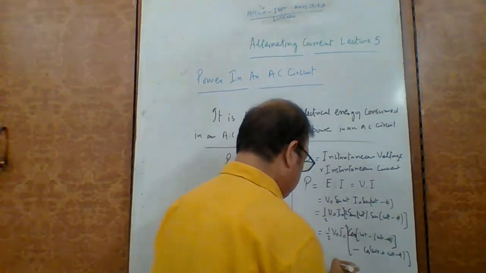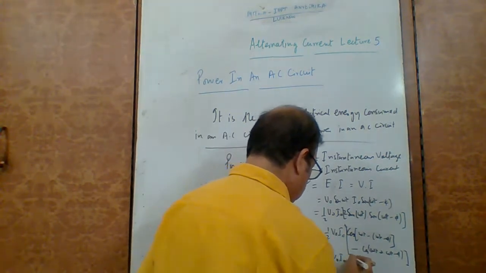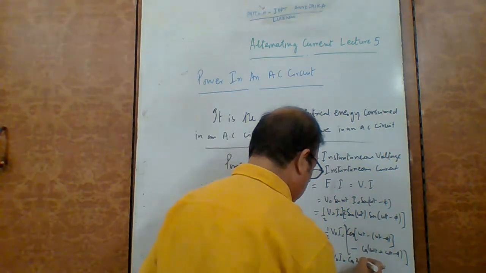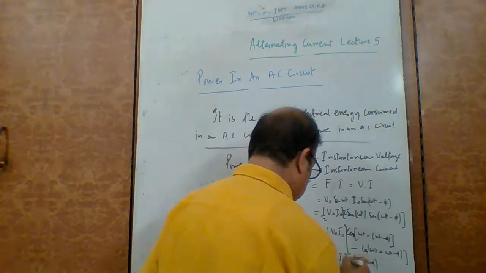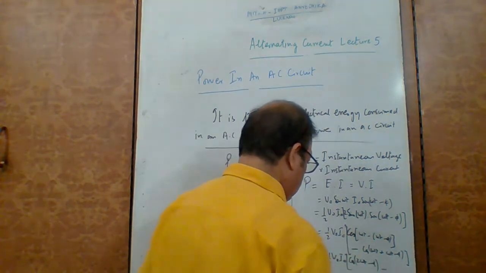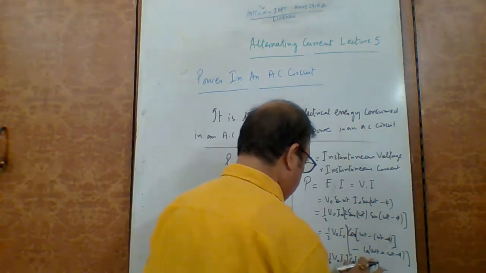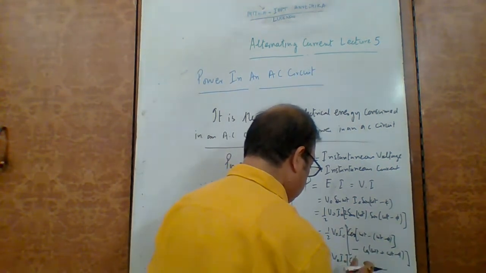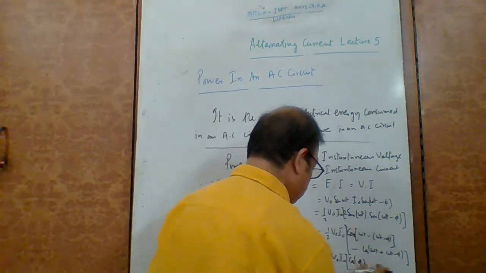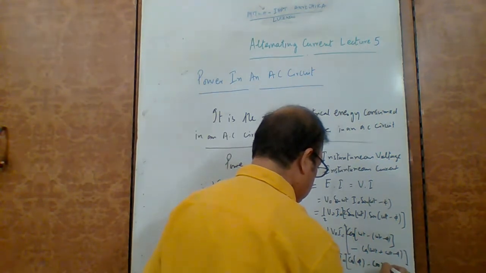Ultimately, we have half V naught I naught cos 2 omega t minus phi, and in the first term the omega t cancels out and we have only phi, and cos 2 omega t minus phi.